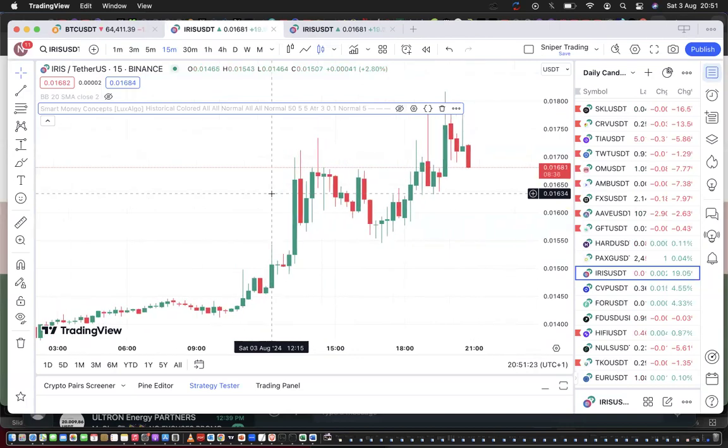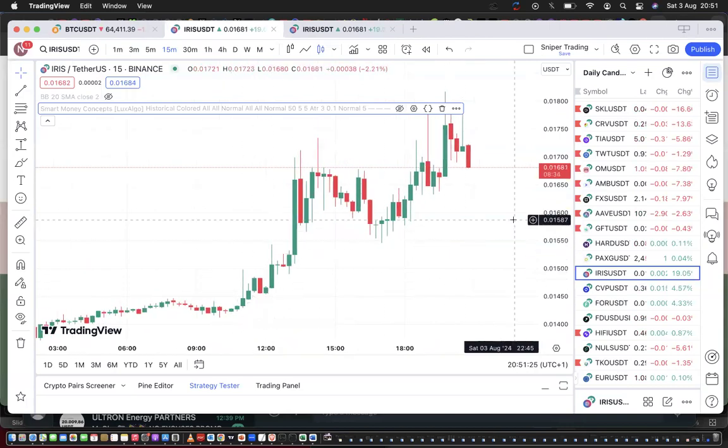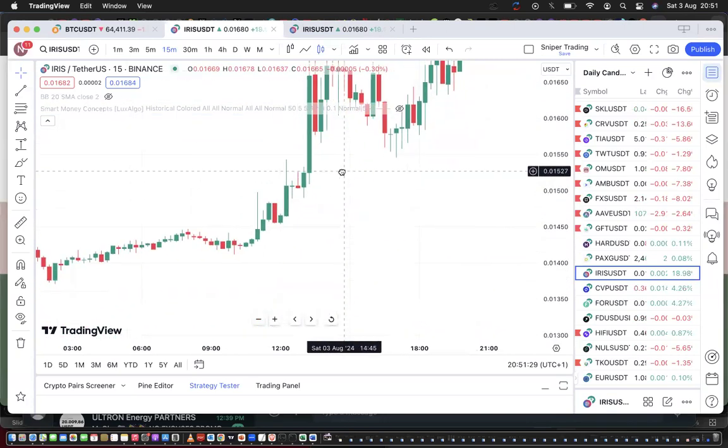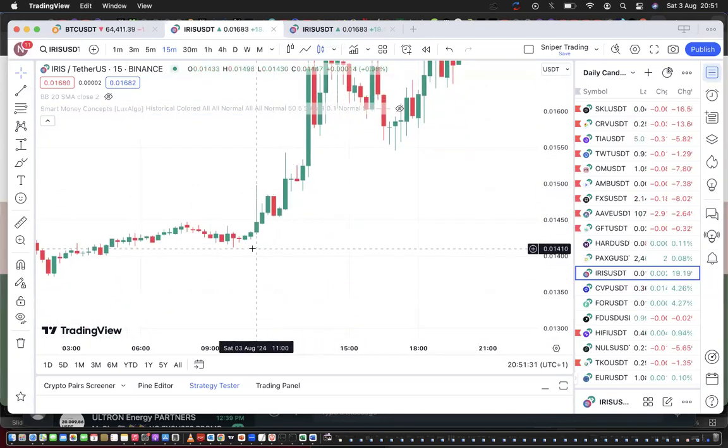If you look at each candlestick closely, and let me try zooming in, there's an open and there's a close. If you look at this candlestick, the open and the close coincide with the next candlestick.